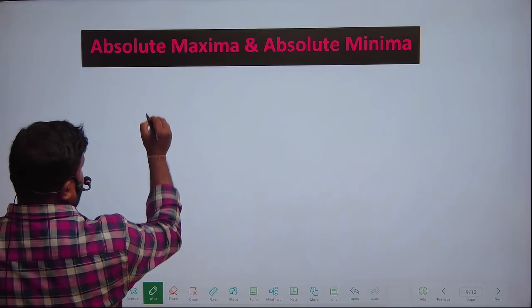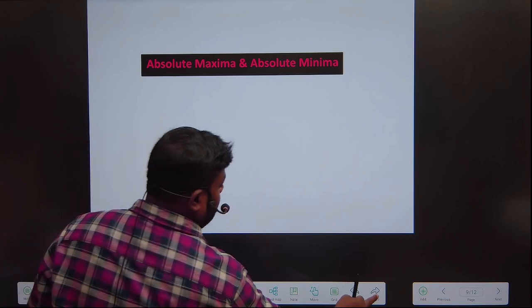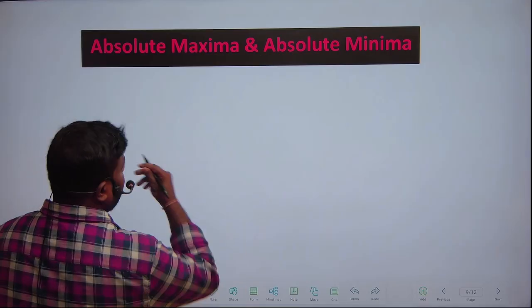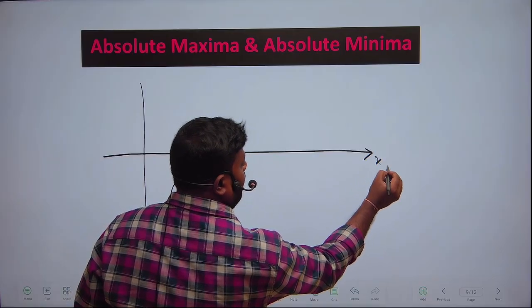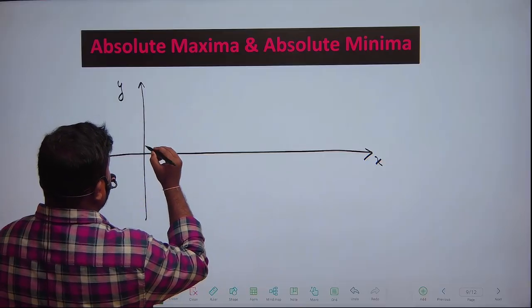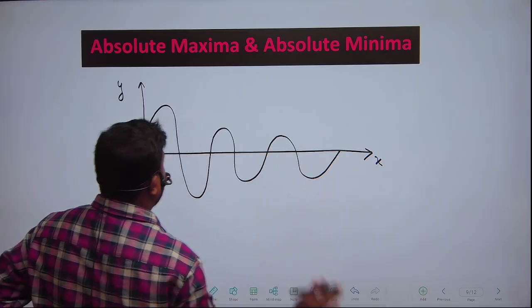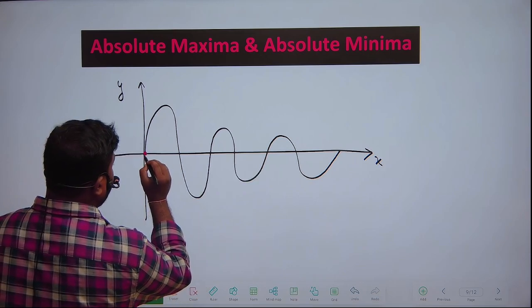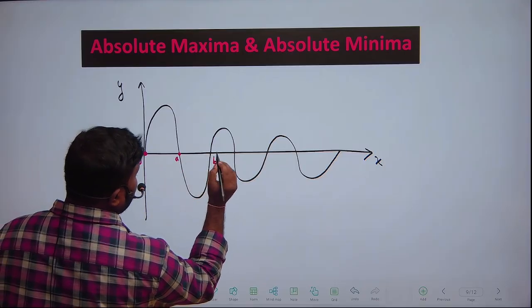It means, okay, I'm drawing some graph. When you look between here and here, this is 0, a, b, I'm randomly writing any values.